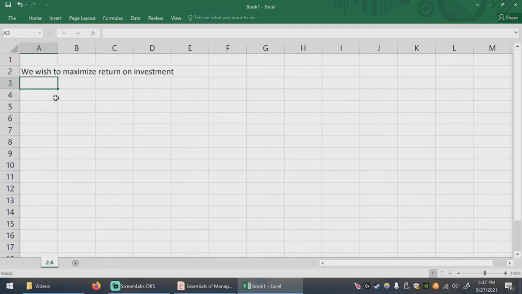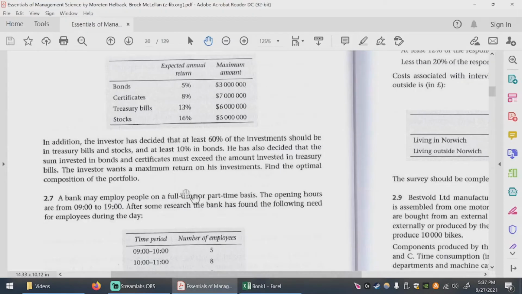Now, in my formulation, the first thing in the model, in the formulation, is my decision variables. So I now think I want to maximize the return on investment, which means I need to calculate the return on investment.